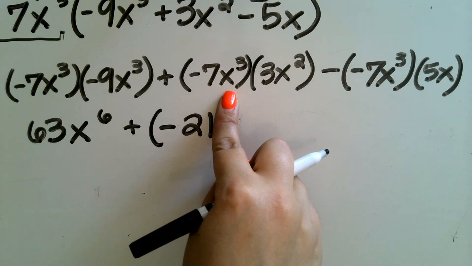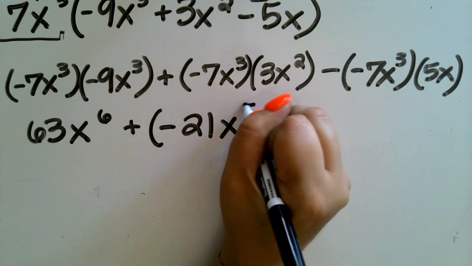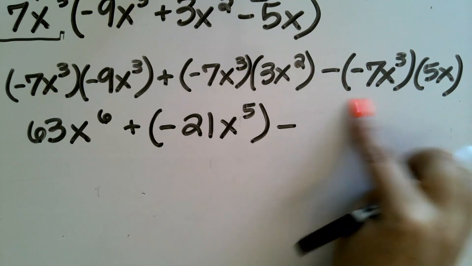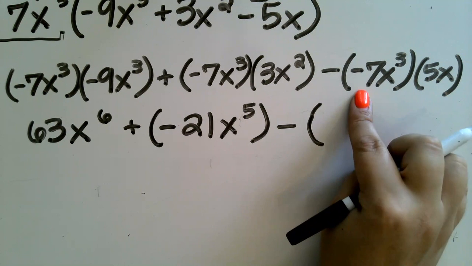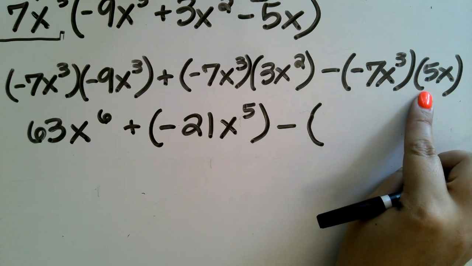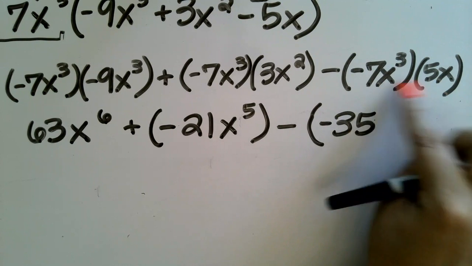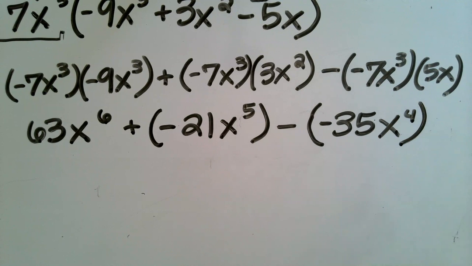And then let's use that product rule, x to the third times x to the second. We get x to the fifth. And jumping over to our last set, again, I know that there's going to be a negative because a negative 7 times a 5 is negative 35. X to the third times a single x, x to the fourth.